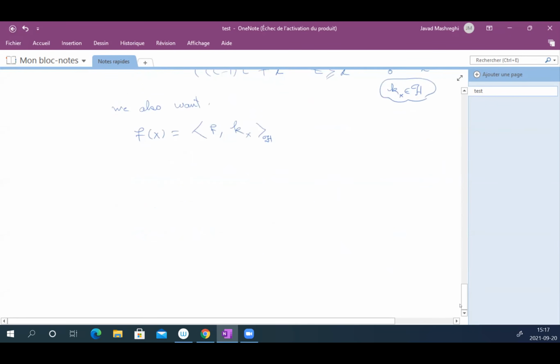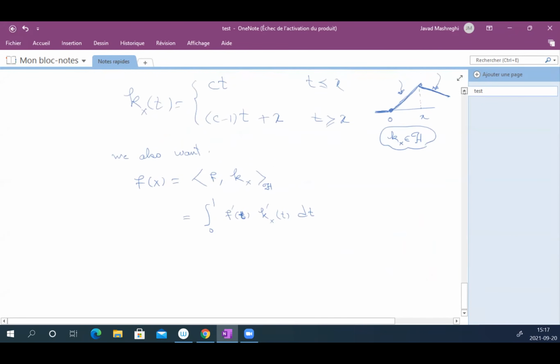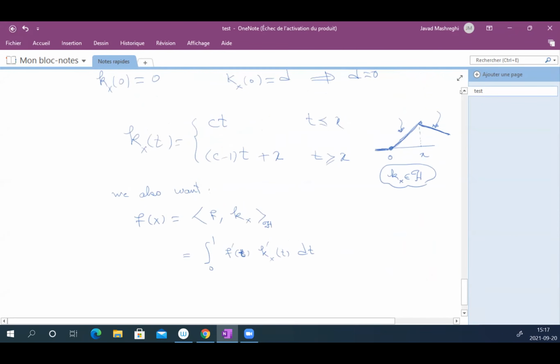And this is equal to the integral from 0 to 1. Yes. Till this calculation, we have only used the test functions. Yeah. And k_x being in H, whatever property. Yes. But we have not used any other function which is not a test function. Absolutely, you're right.